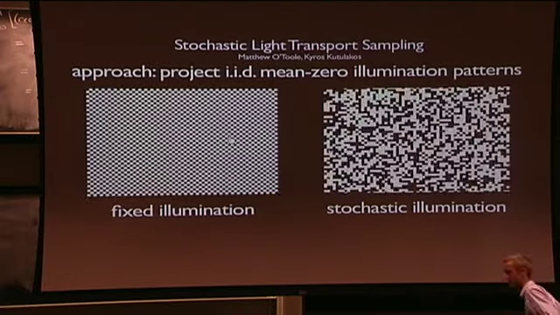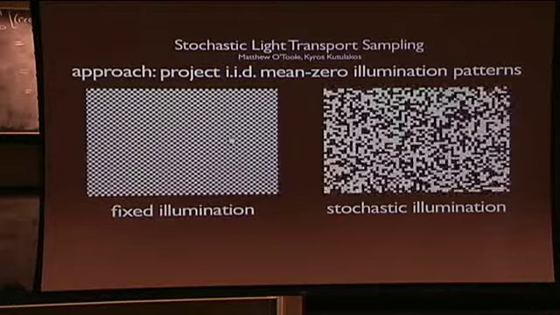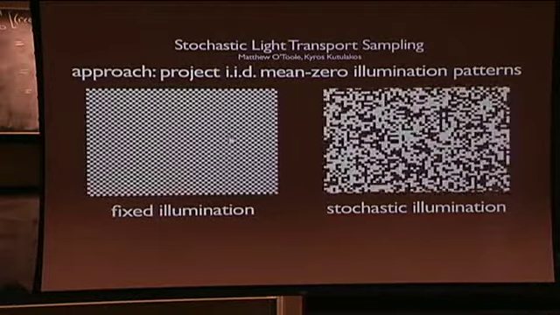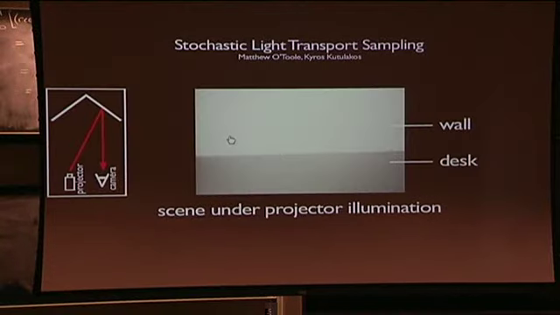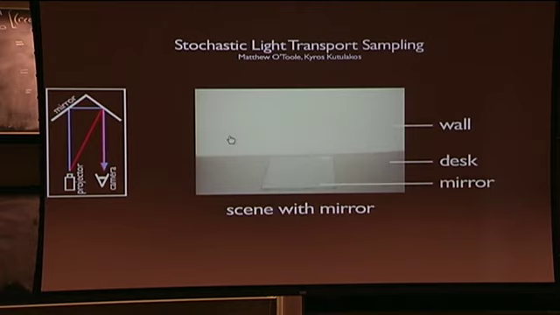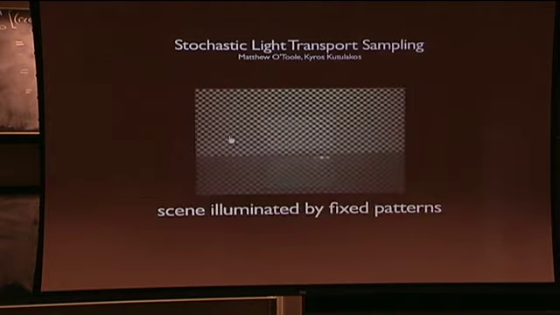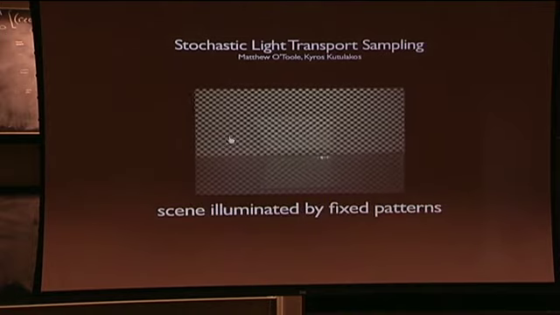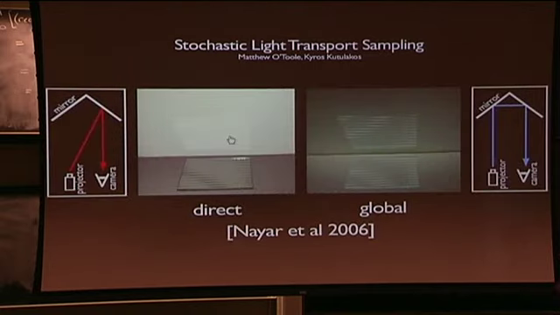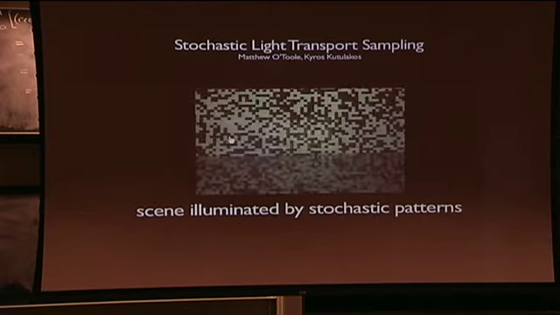In my poster, I'm going to be talking about using stochastic illumination, which has mean zero, identical, and independent distributions, and how it can be useful for analyzing light transport. In this scene, we're going to look at how we can use these patterns to analyze a scene with both low frequency and high frequency global illumination effects. One approach is to shift fixed illumination patterns across the scene to separate out direct and global illumination, but unfortunately this doesn't work for scenes with high frequency global illumination, such as because of the mirror in that scene.